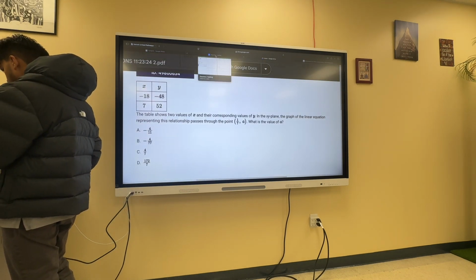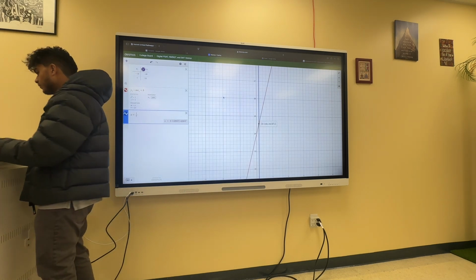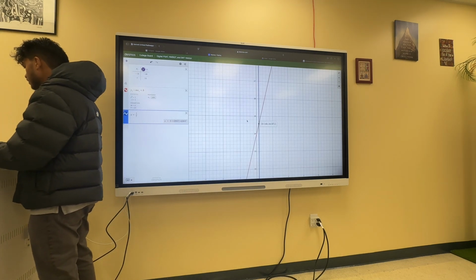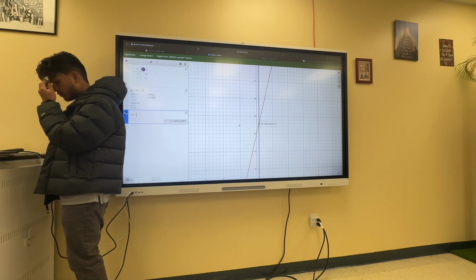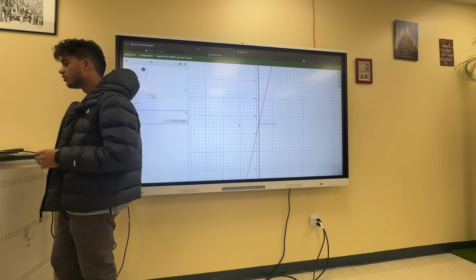This is a little tricky because Desmos does not give you fractions. It only gives you decimals, and this is really tricky. So make sure to convert those decimals into fractions.